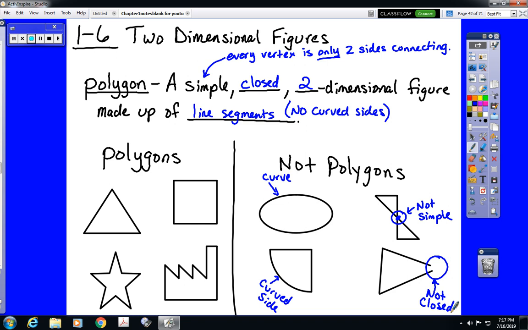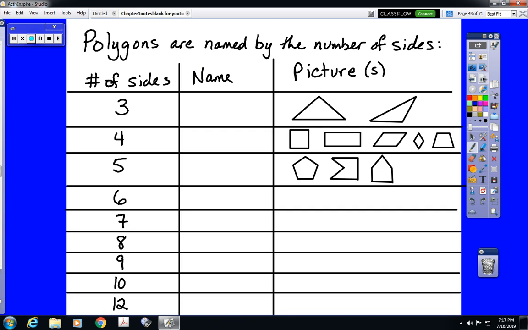Now, naming polygons, there are all kinds of polygons, and we name them based on their number of sides. So we're going to create a little reference item here. All of these names become vocabulary words immediately that you are expected to know. If a polygon has 3 sides, you've done an extensive amount of work with 3-sided polygons, like these pictures over here.